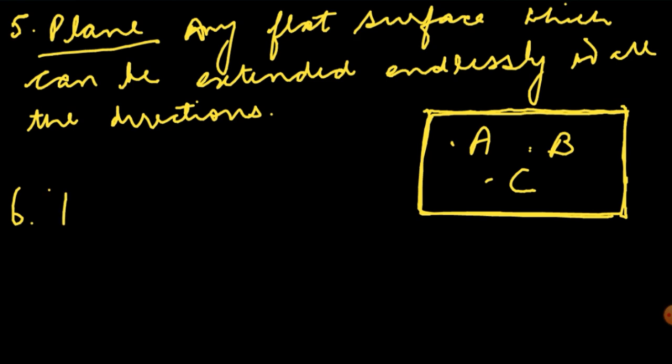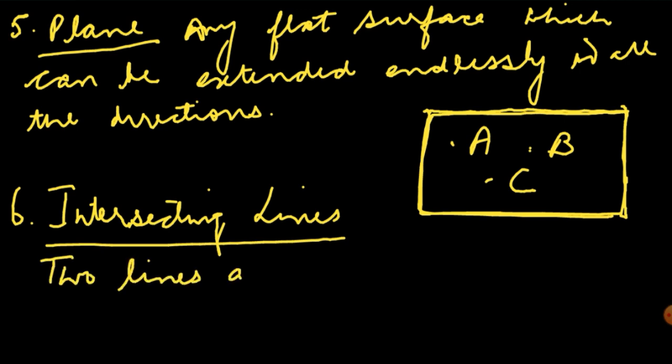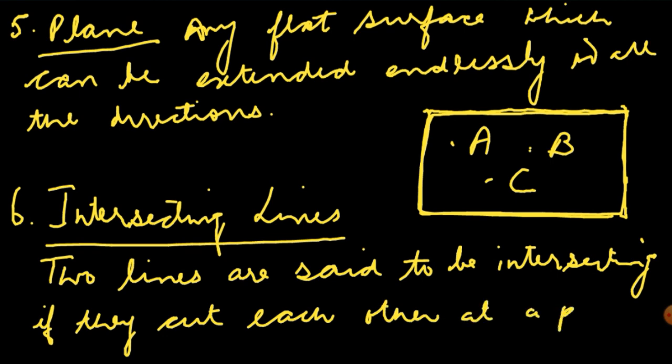And the next one is intersecting lines. Two lines are said to be intersecting if they cut each other at a point. For example, this is a line AB.